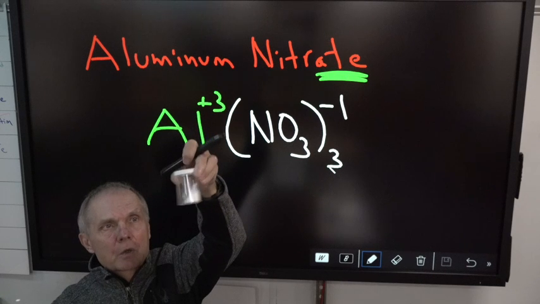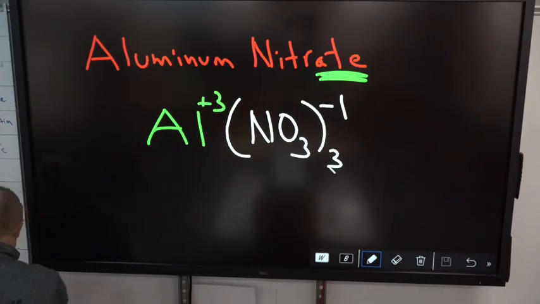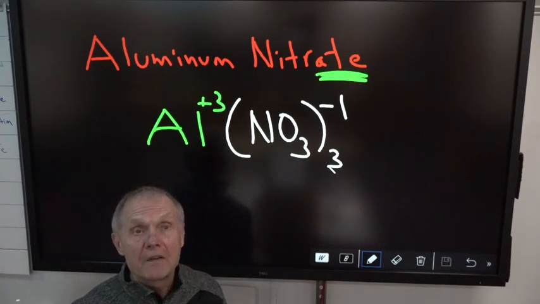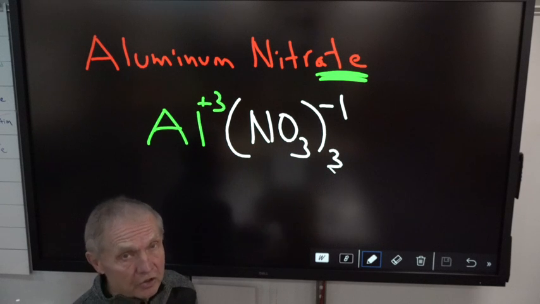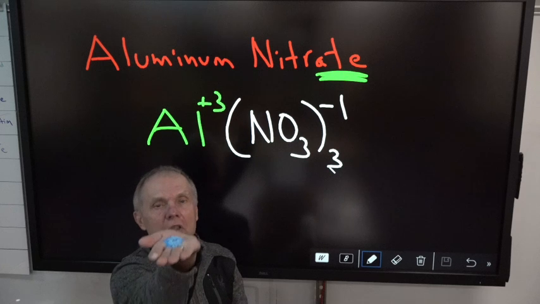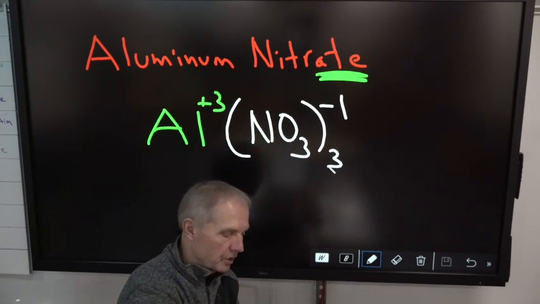It's going to be a crystal, and it's going to be clear like this. If the ionic compound does contain a transition metal, then it's going to look like this. It's going to be colored because it has a transition metal in it.